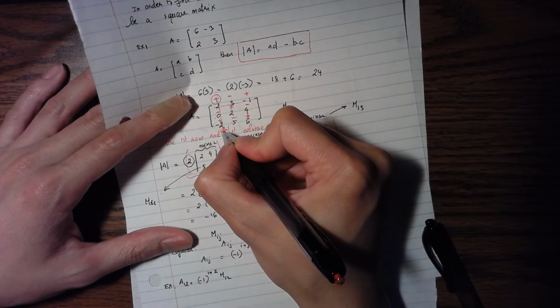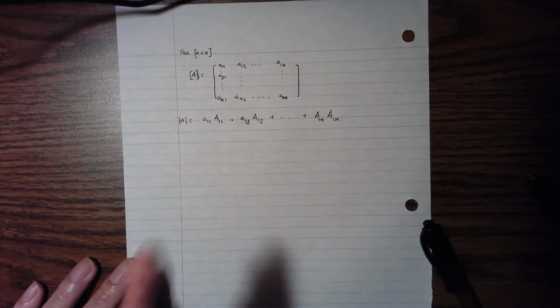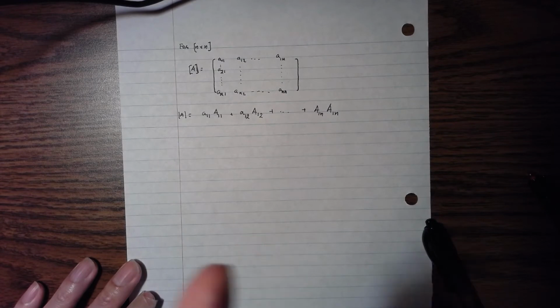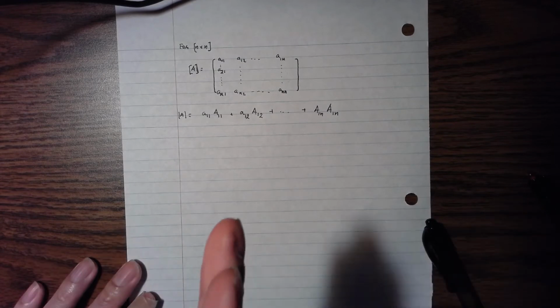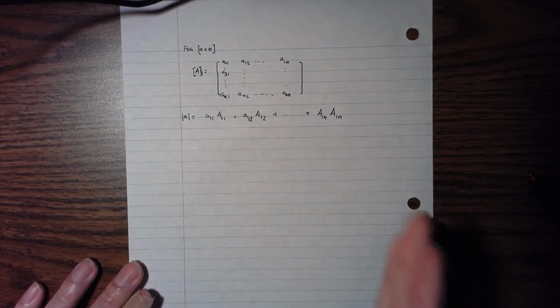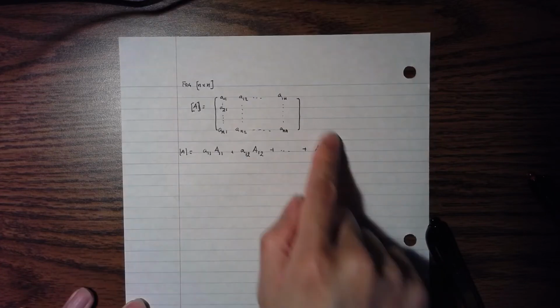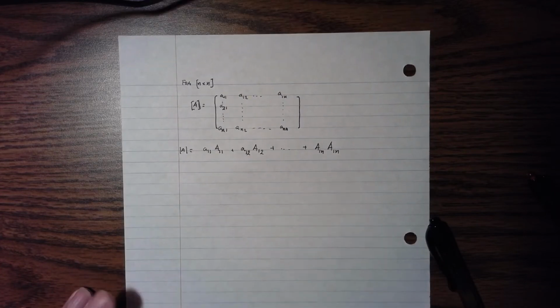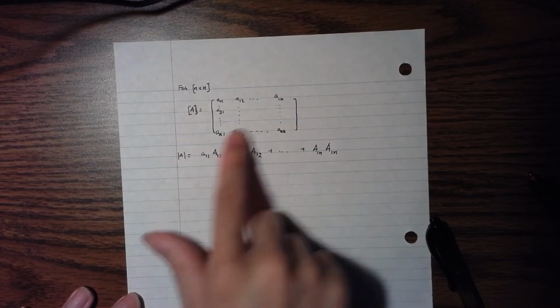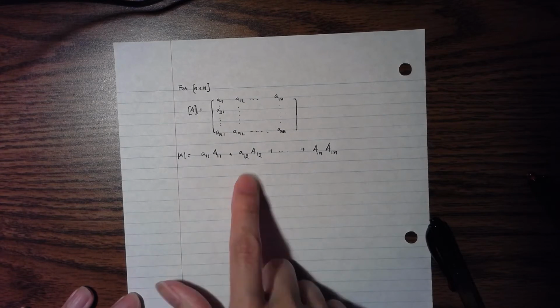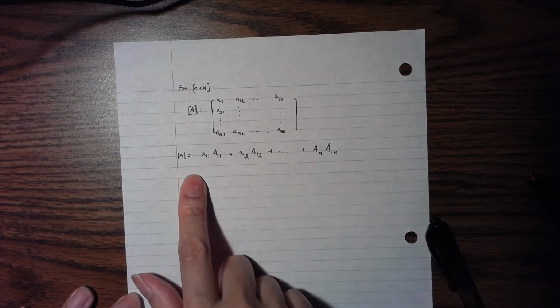So use the first row and start with the first column. Then we use the first row, second column. Use the first row, third column. Okay, so that's what we come up with. But it's not always that we should start with the first row and the first column. It's not always like that.